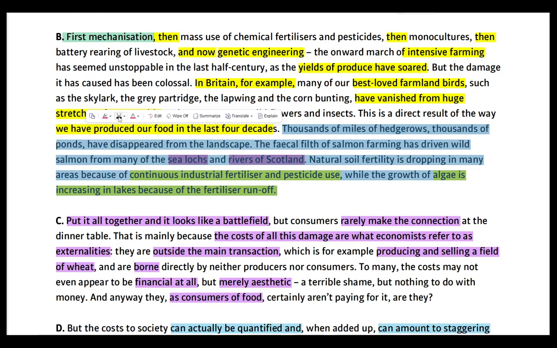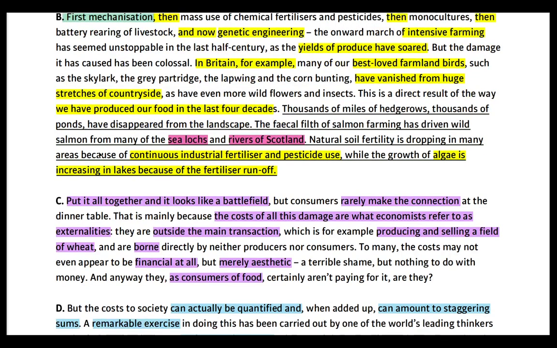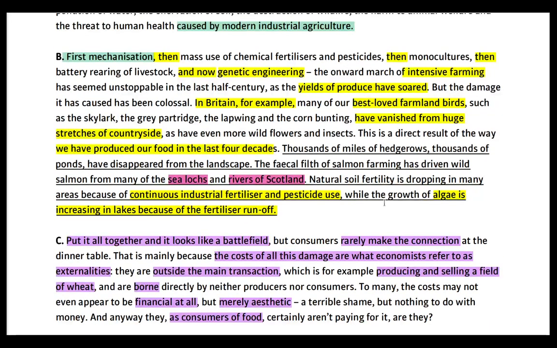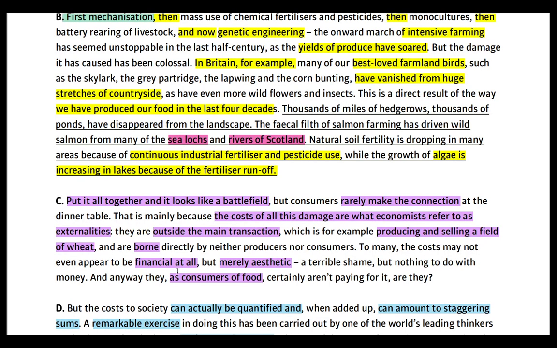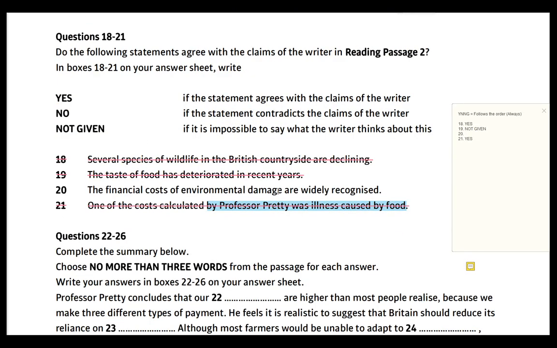In paragraph C, everything further emphasizes the environmental damage, which is particularly talking about how it affects water. Algae is increasing because of the fertilizer runoffs. It affects the sea lochs and rivers of Scotland and stuff like that. So the financial costs are not widely recognized. They don't really care about the finance. So the answer for that is going to be no.